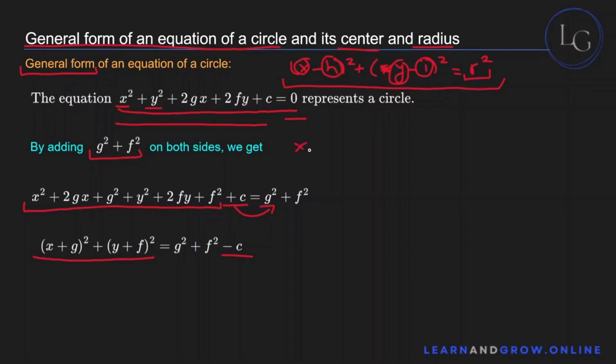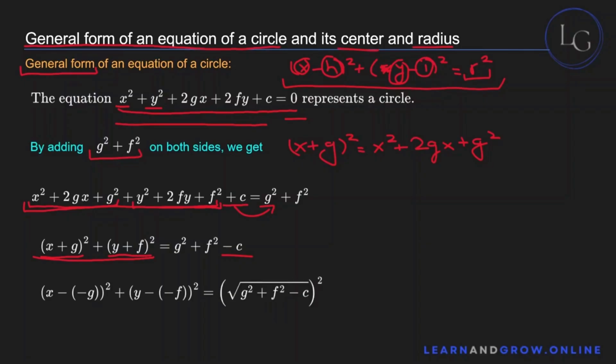Well, you know that (x plus g) whole square is equal to x squared plus 2gx plus g square upon expansion. And that's exactly the three terms you have over here, right? So you can consolidate these three terms into (x plus g) whole square, and the remaining three terms, y squared plus 2fy plus f square, you can use the same logic and consolidate into (y plus f) whole square, right? So now you have this.